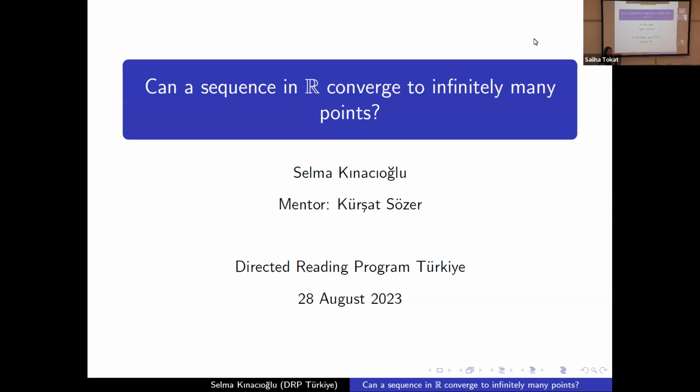Today, I'm going to talk about something: all of us are mathematicians, and we know that a sequence has to converge to one point. But here, we will talk in a different field, and everything will be different in topology.